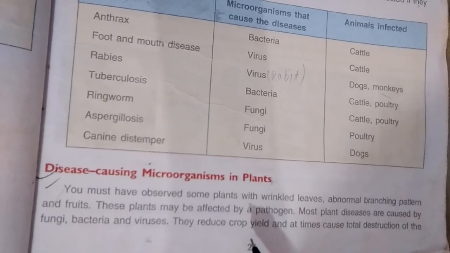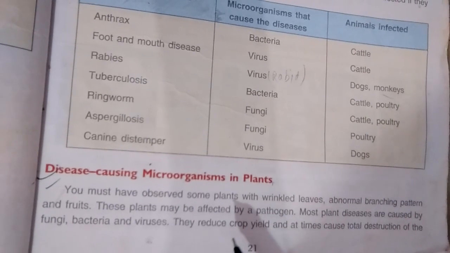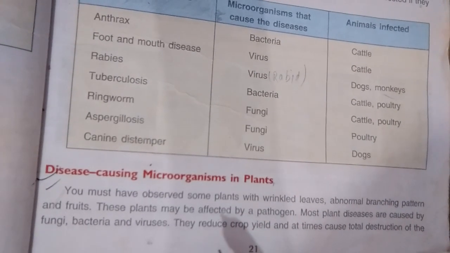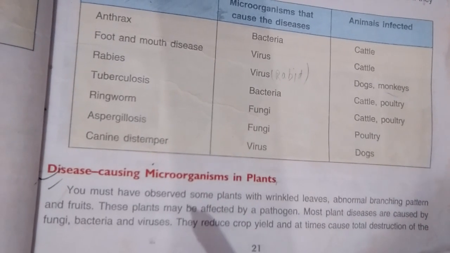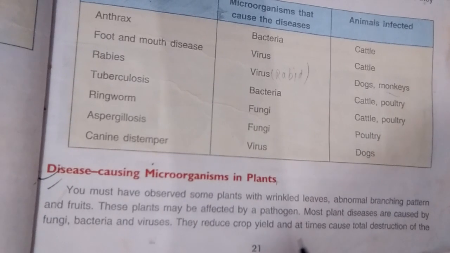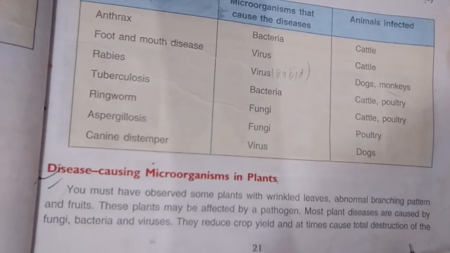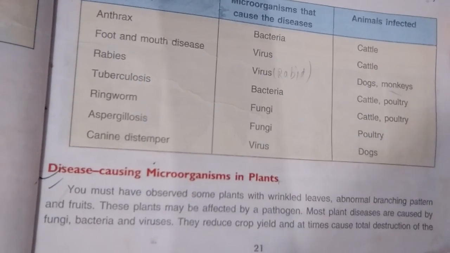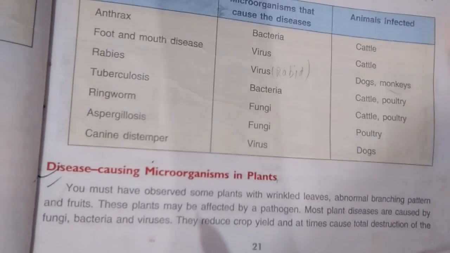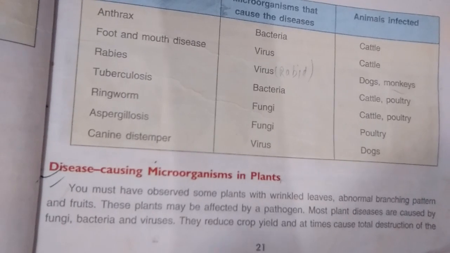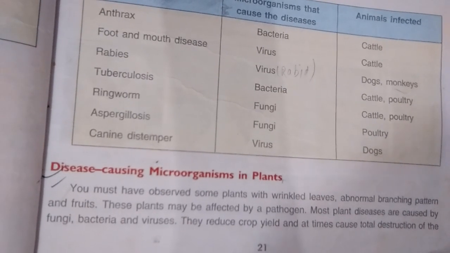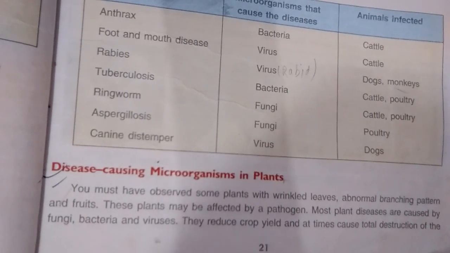You have seen certain types of abnormal characteristics in plants. They may have wrinkled leaves, abnormal branching patterns, and abnormal fruits. These plants may be affected by pathogens, and disease is caused only by microorganisms.